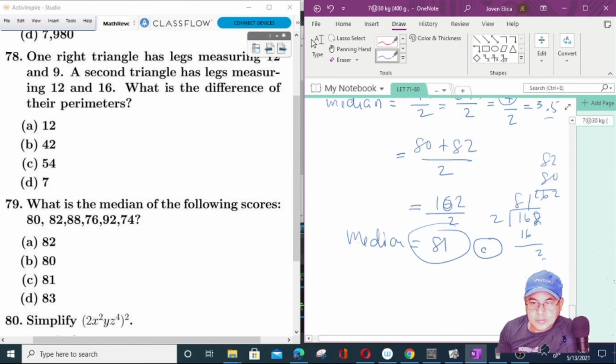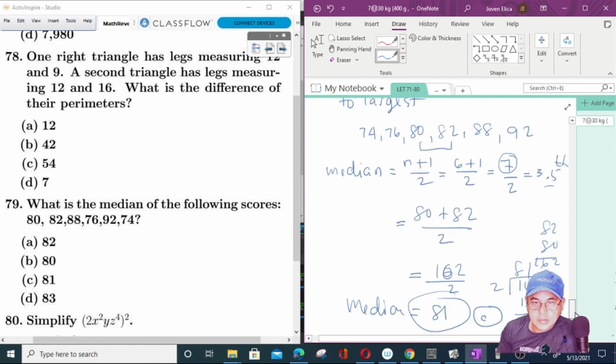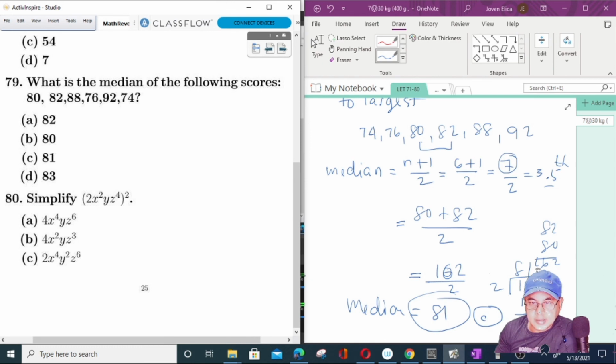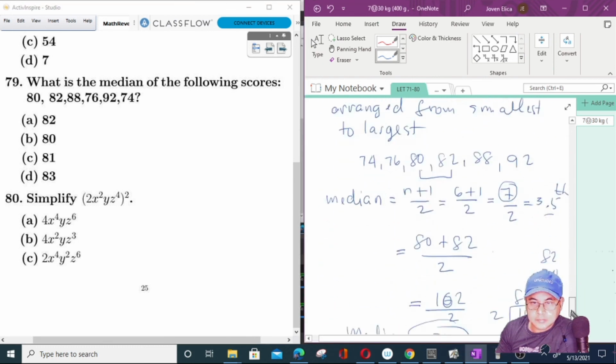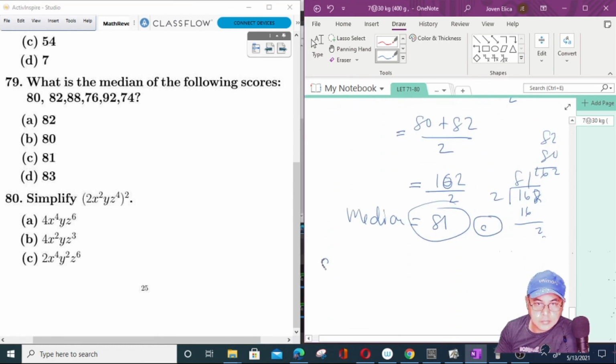So that's it for the last number, which is 80. Very simple. Simplify 2x squared times y times z to the fourth over 2. This applies the law of exponents.